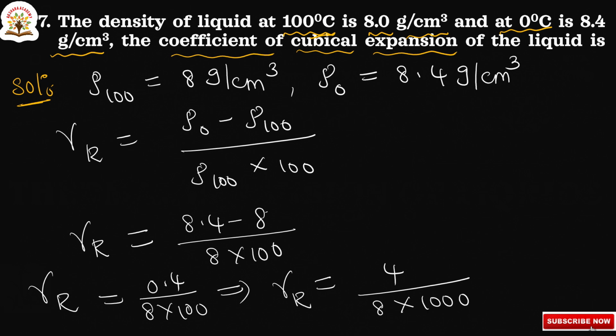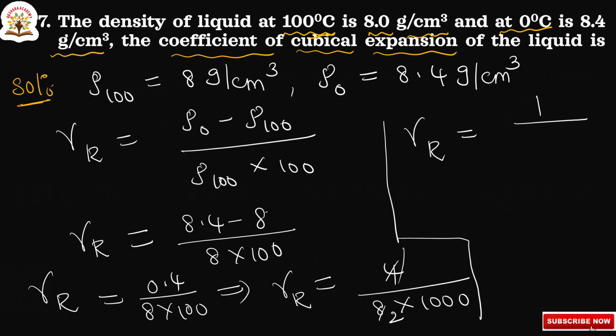So this can be written as gamma R equals 1 by 2000, or 1 by 2 is nothing but 0.5, into 10 to the power of minus 3. 1000 can be written as 10 cube, and 10 cube in the denominator comes to the numerator as 10 to the power of minus 3.